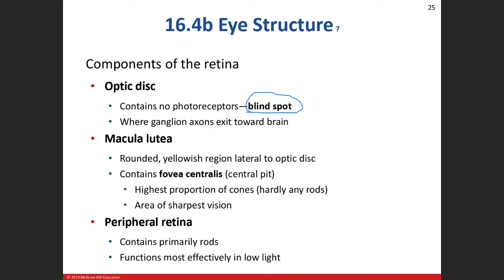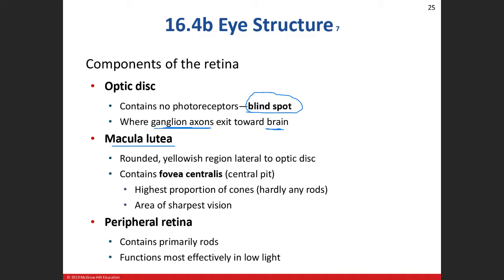So this is where all those ganglion cell axons converge onto the optic disc and then exit from the eye via the optic nerve and head back towards the brain.